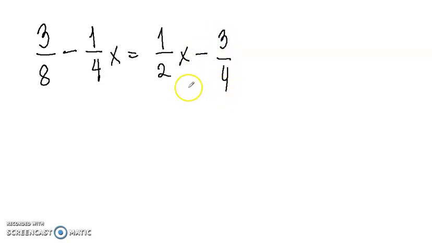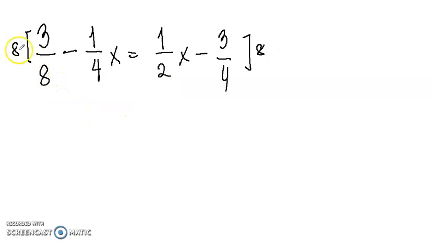The first thing we have to do is find the LCD, or the least common denominator, of all these. We have fractions, so we have the 8, 4, and 2. Therefore, the least common denominator of 8, 4, and 2 is 8. So we have to multiply both sides by 8.